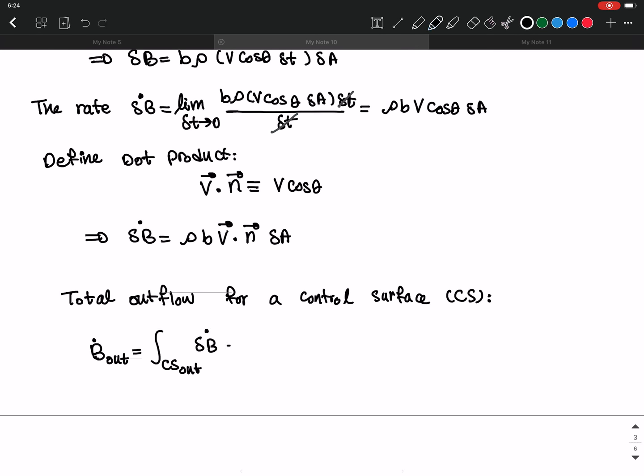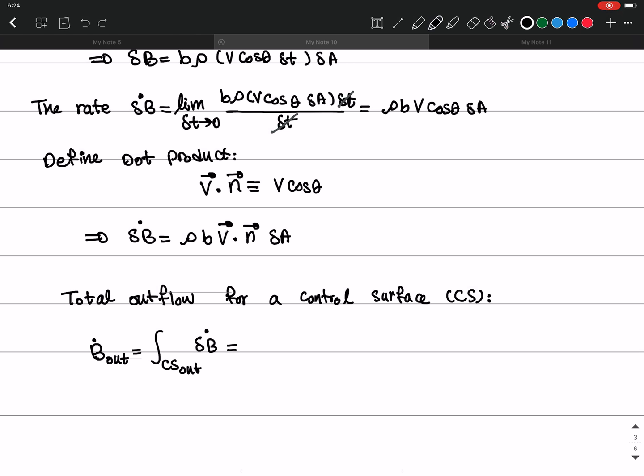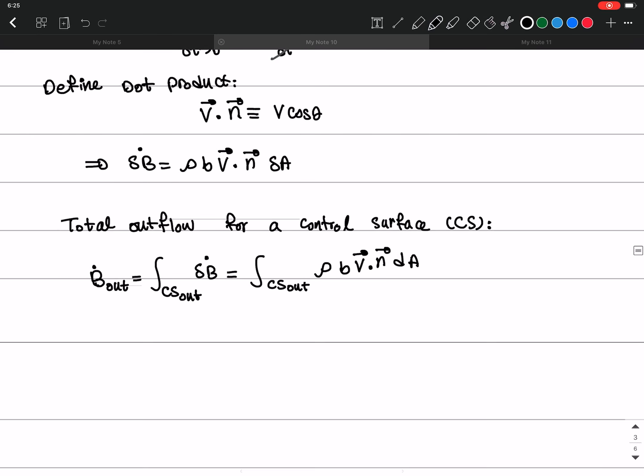so delta B dot equals, and I have this delta B dot here, I just write it down. It's going to be the integral over the control surface out of rho B V dot N dA. Okay? So this is B dot out.